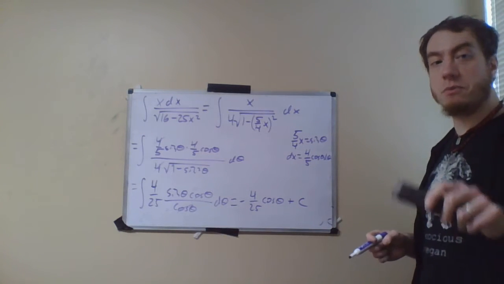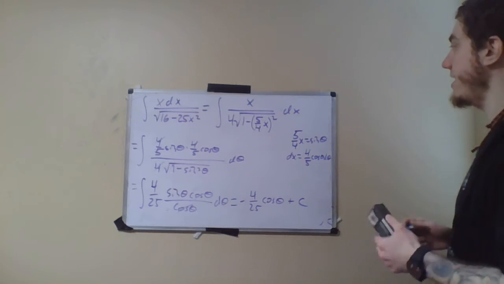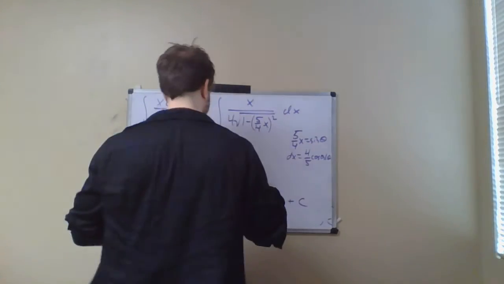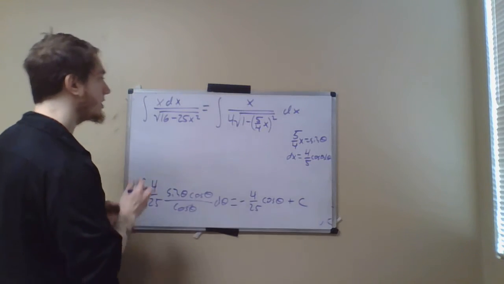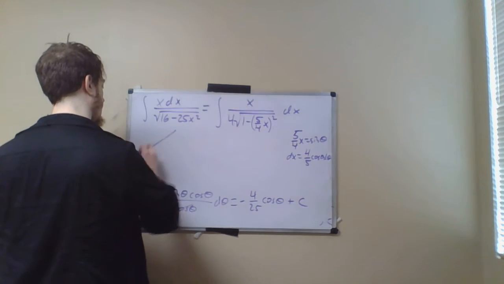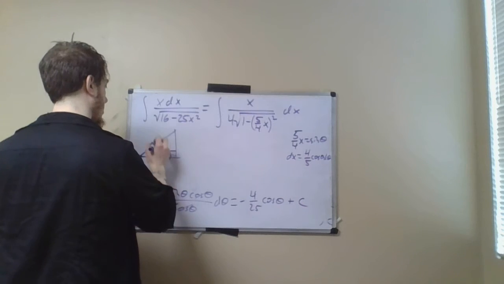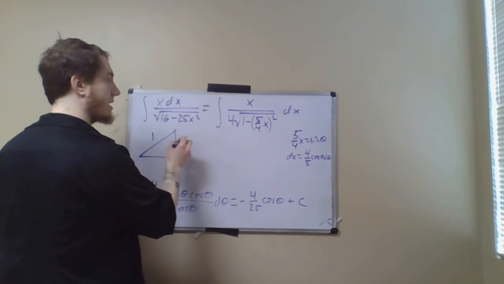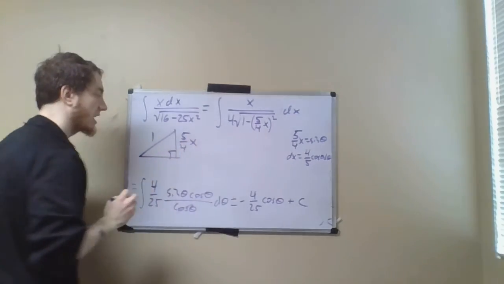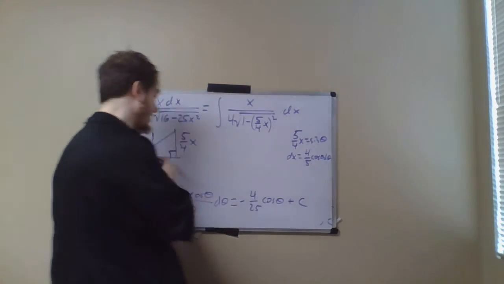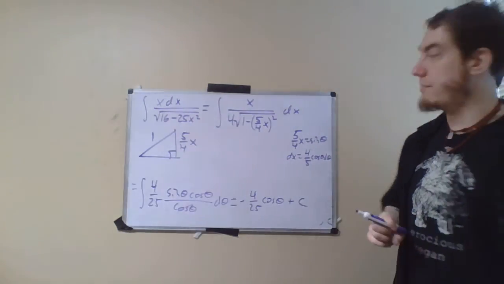It's, again, something we can work out using a triangle. And the triangle that we're going to build here is we are going to set up a triangle, hypotenuse 1 and opposite side of 5 over 4x. And then cosine is just adjacent over hypotenuse.